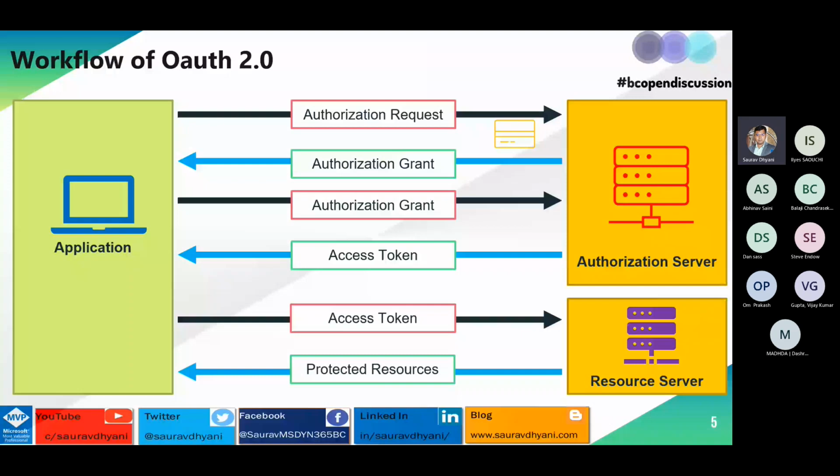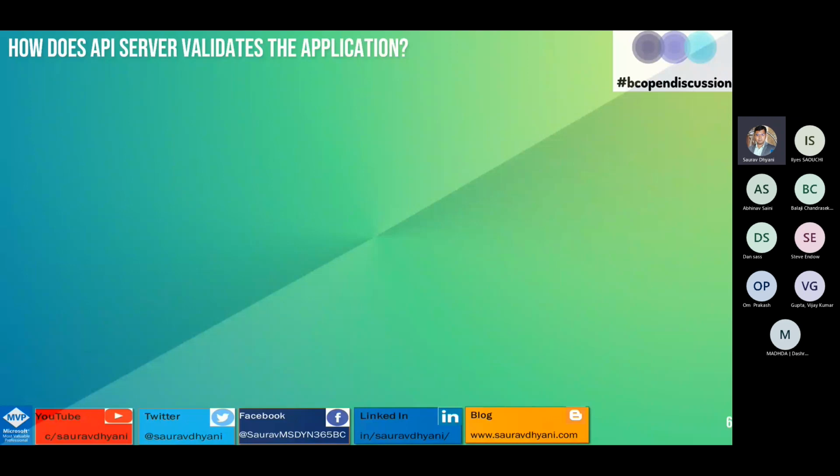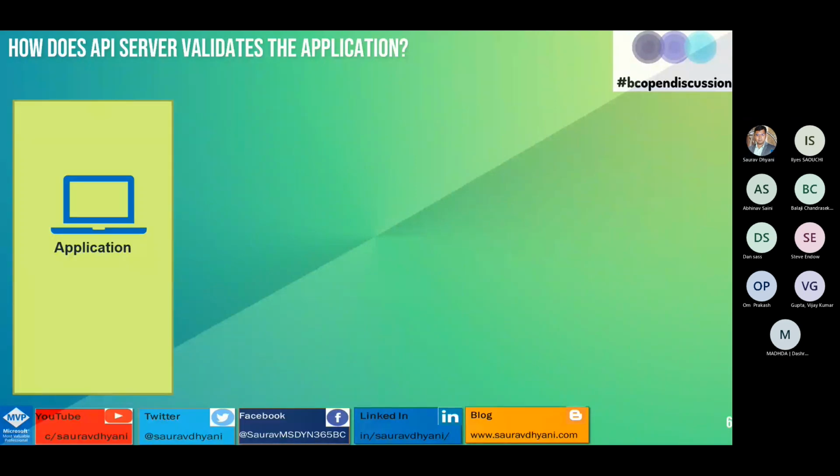For that, there is a second part of how the API server validates that it's the right application, which is a different flow, which you also have to do if you're working on any OAuth application, which is again the creator of the application, which in this case can be anyone who created this application outside the Facebook environment.